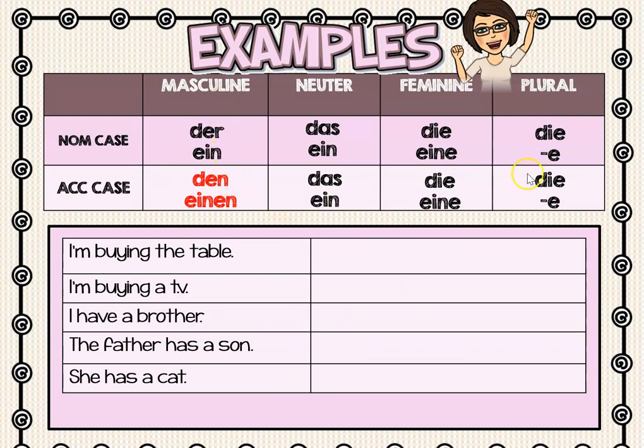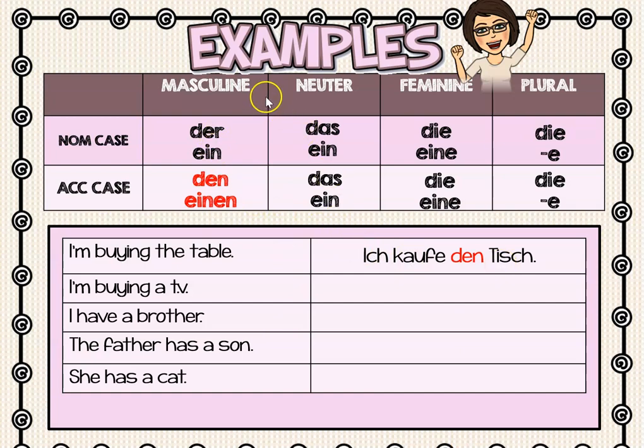So here's your chart. The first sentence is, I'm buying the table. I buy what? Table. This is my direct object. I am doing the buying, so that's in the nominative case, and table is the direct object, so it's in the accusative case. So the answer here is going to be Ich kaufe den Tisch.